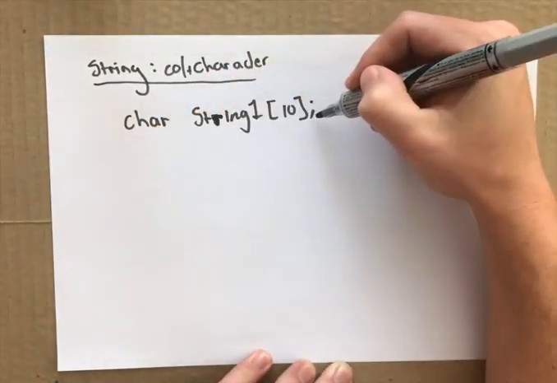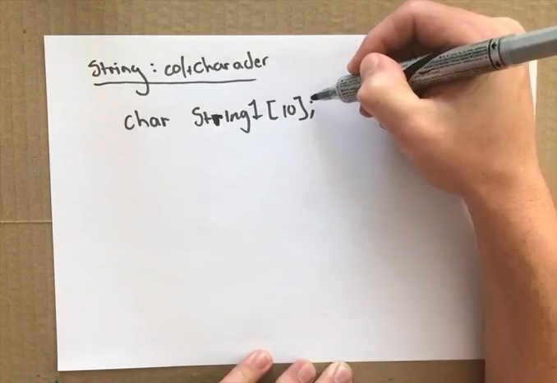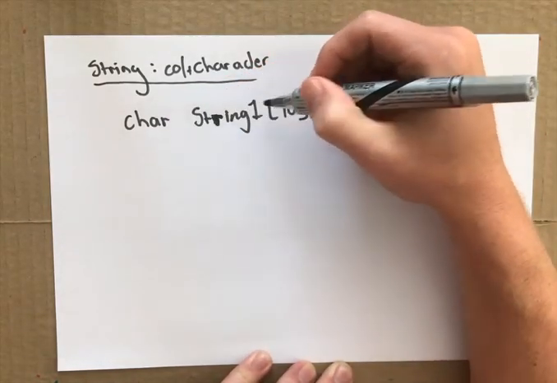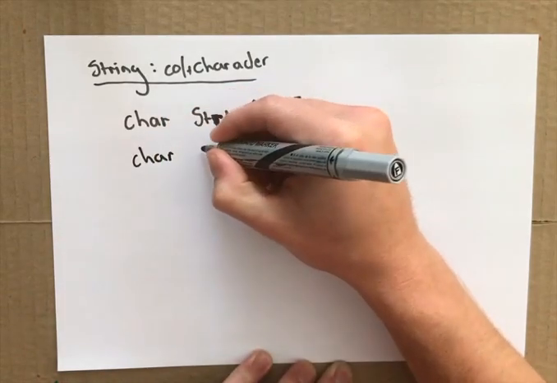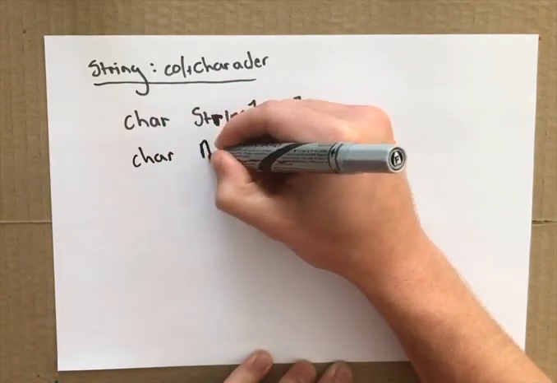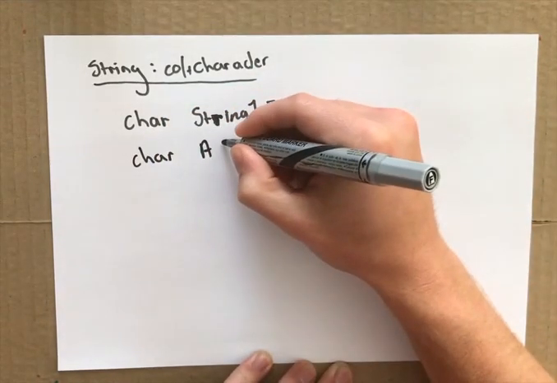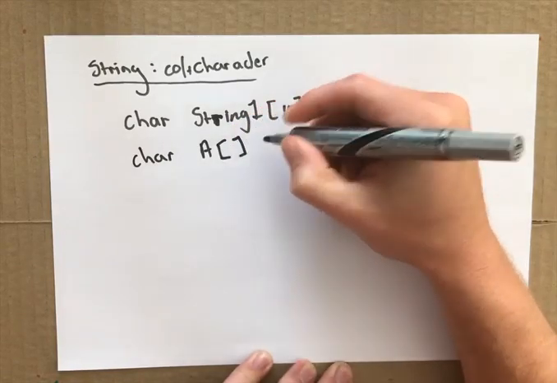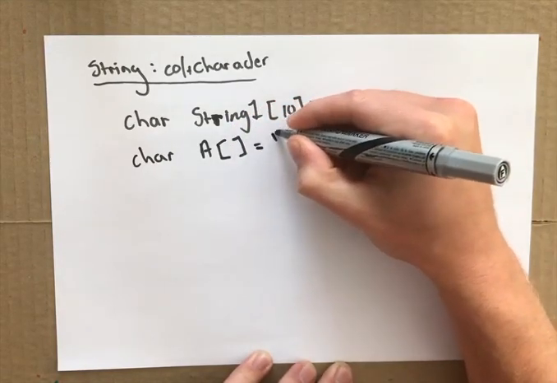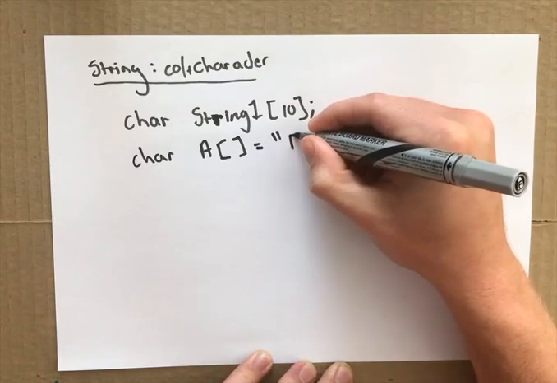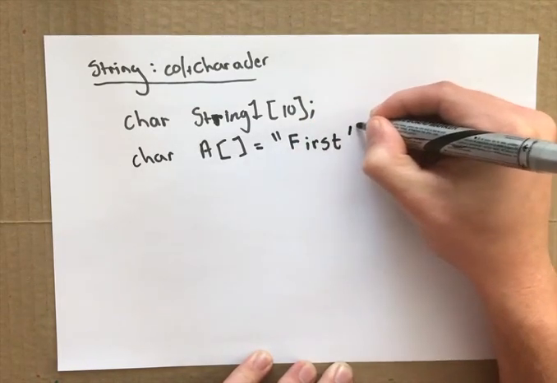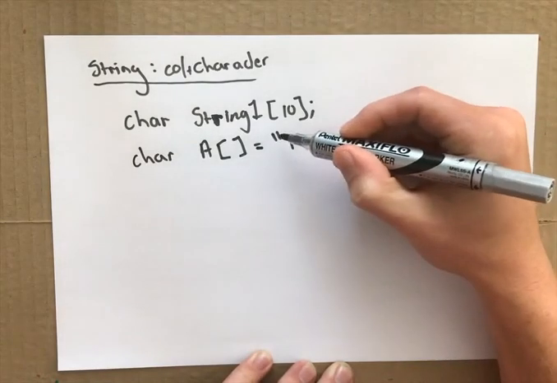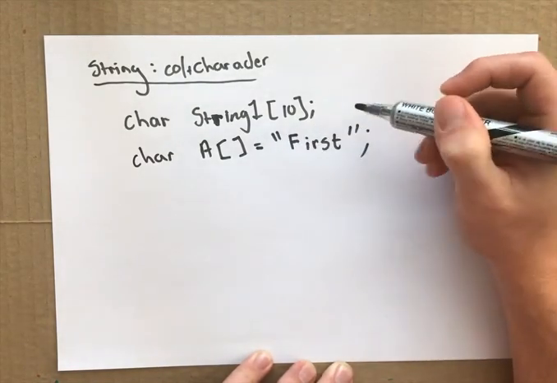We can declare a string in this manner, a straightforward basic char array, or we can say char A, where we don't declare the size in the square brackets, and we say it's equal to "first" in double inverted commas.